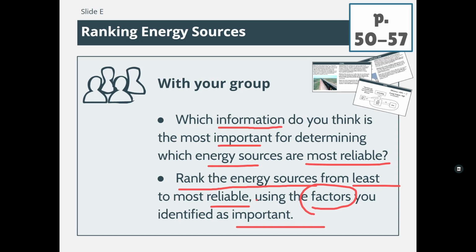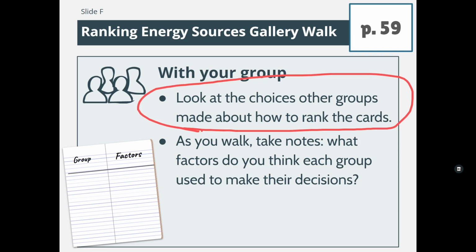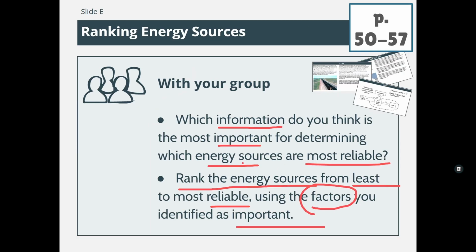You will be doing that ranking on page 59, where there will be a chart for you to do that. So once again, spend some time to figure out which of these energy sources are reliable, which of them are not, and discuss with your group mates to determine what you think as a group.